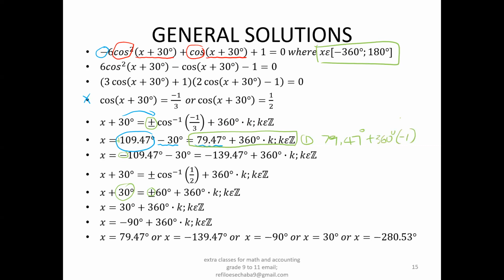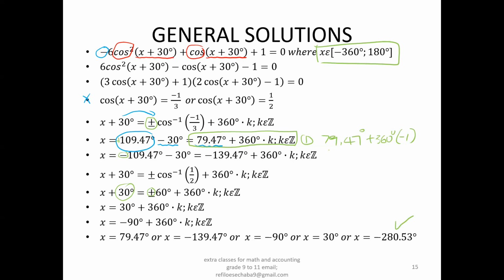If I put that into the calculator, how much will I get? 79.47 plus 360 times negative 1. I get negative 280.53. Which is this one. Is it within the interval? Yes.